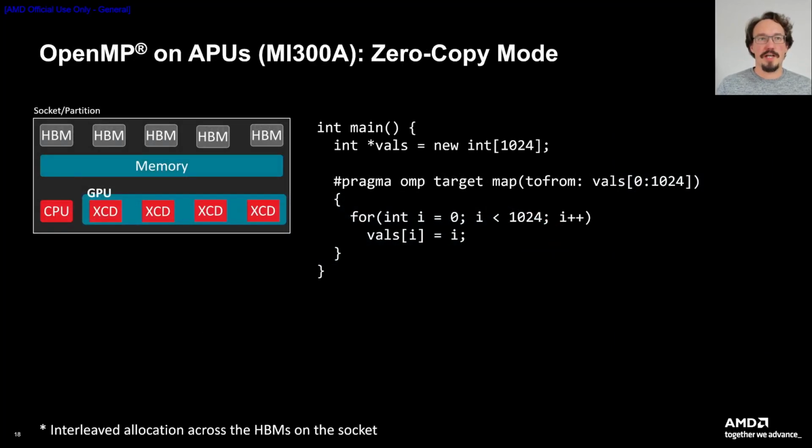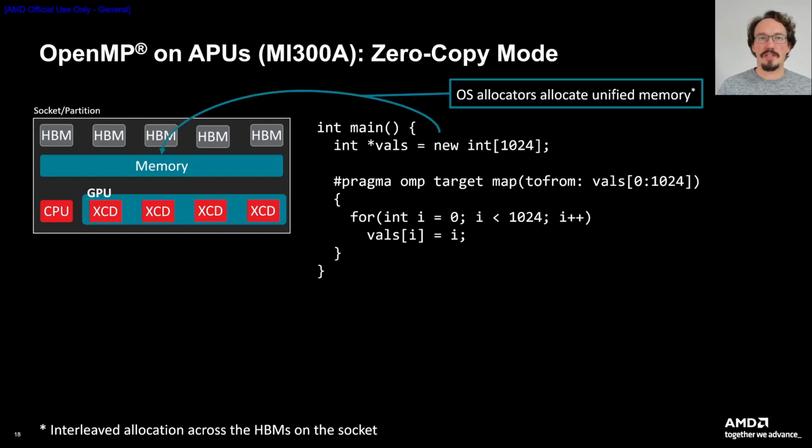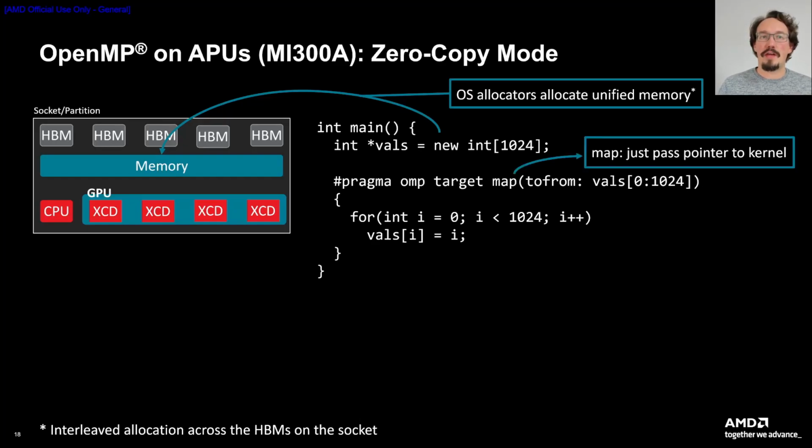Visualizing what I just said for an MI300A APU here. The code first allocates memory with a regular call to the operating system allocator used. Next, the map clause is interpreted as with USM, meaning that it only passes a pointer to the pointer into the kernel.